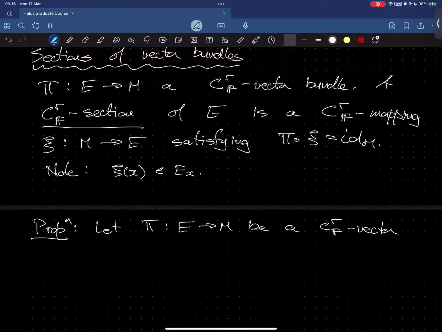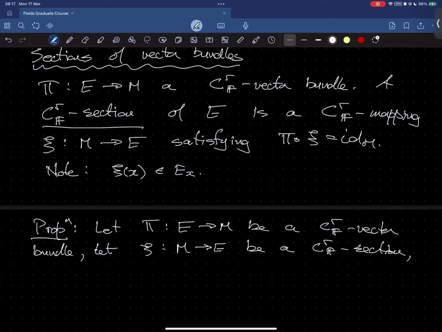Suppose we have a vector bundle, a section, and a chart. Okay, so it's going to be a vector bundle chart.